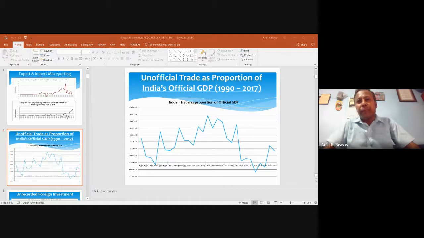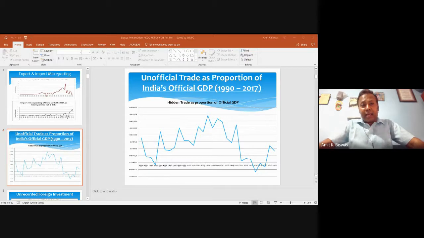You all know. So now, if either export or import or both are fabricated, both are falsified, how do you get a real gauge of your GDP? That's a very important and interesting question we are dealing with in our research agenda nowadays.